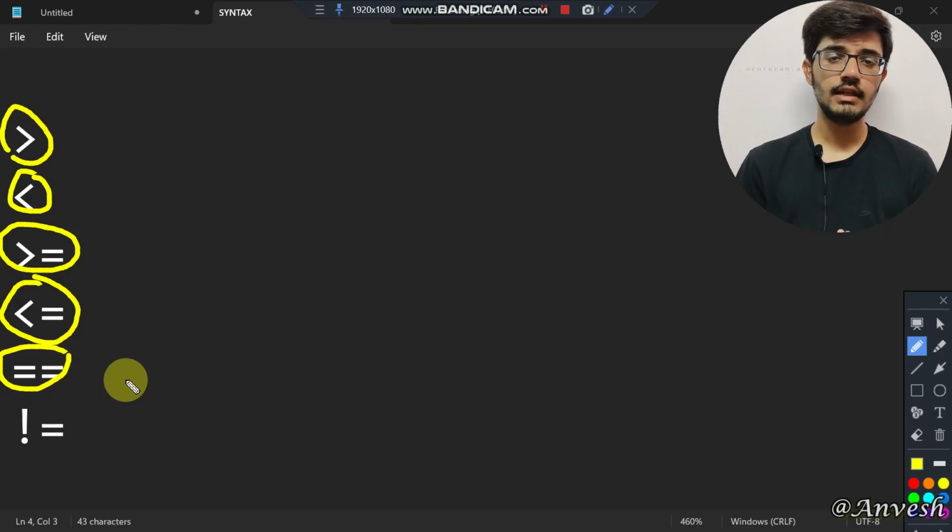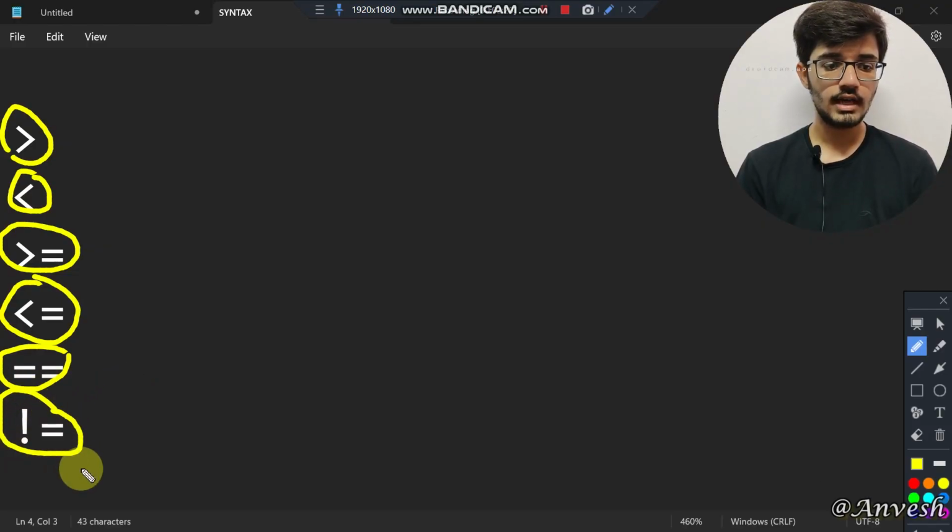When we use the single equal to symbol, it means assigning a value to a variable. By using two equal to symbols, we check the LHS value with the RHS value. Is it equal or not? And what is meant by the exclamation and equal to symbol? It means: is it not equal to?